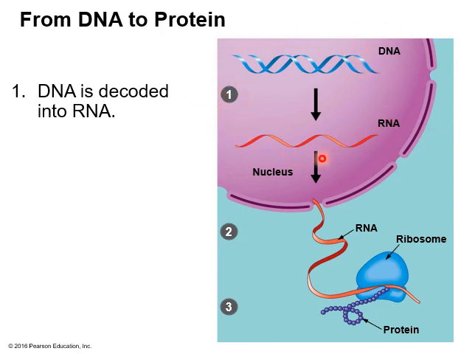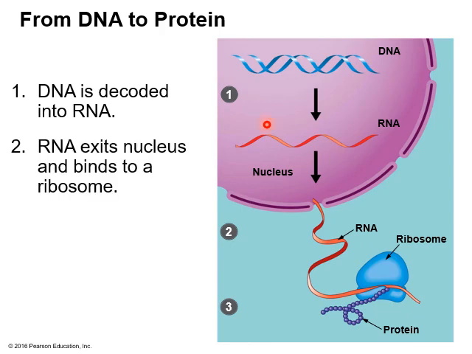That's this purple thing. That RNA that is made from the DNA is like a copy of the DNA. It leaves the nucleus and goes out into the cytoplasm, where it then binds to a ribosome. We just learned that ribosomes are where proteins are made.